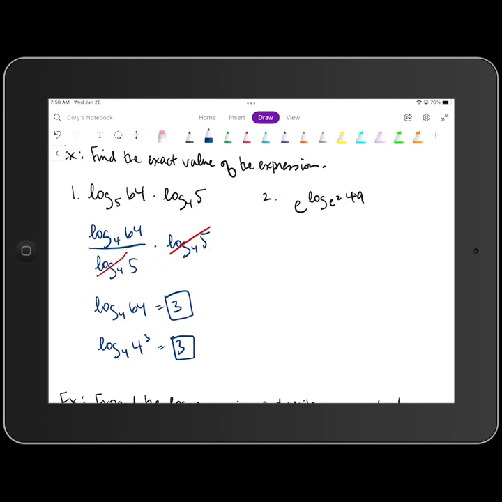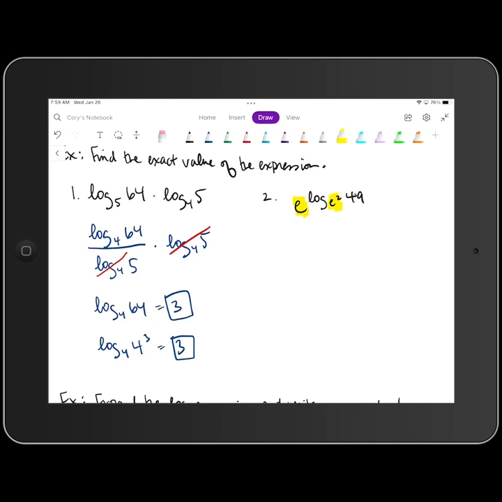The problem is that the base of our exponent is e, and the base of our log is e squared, and they don't match right now. So we can't cancel the exponential function and the log function because they do not share the same base.